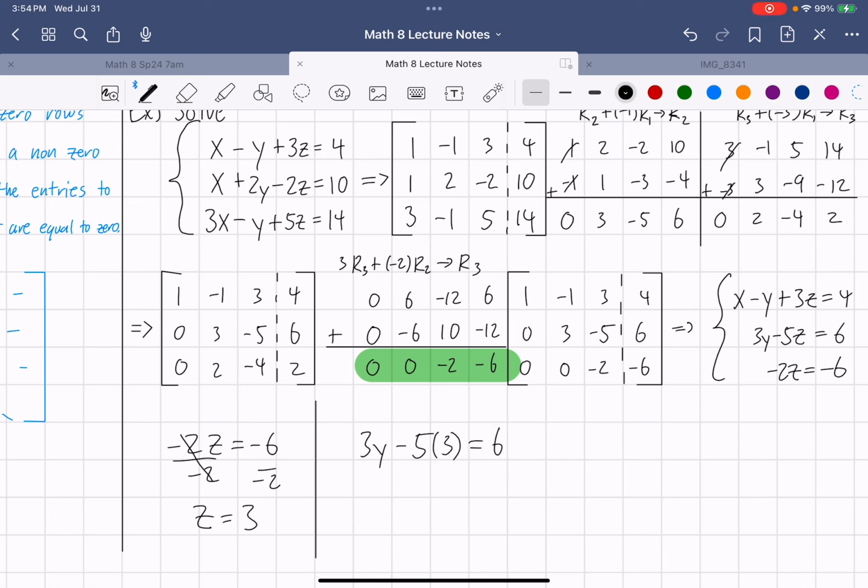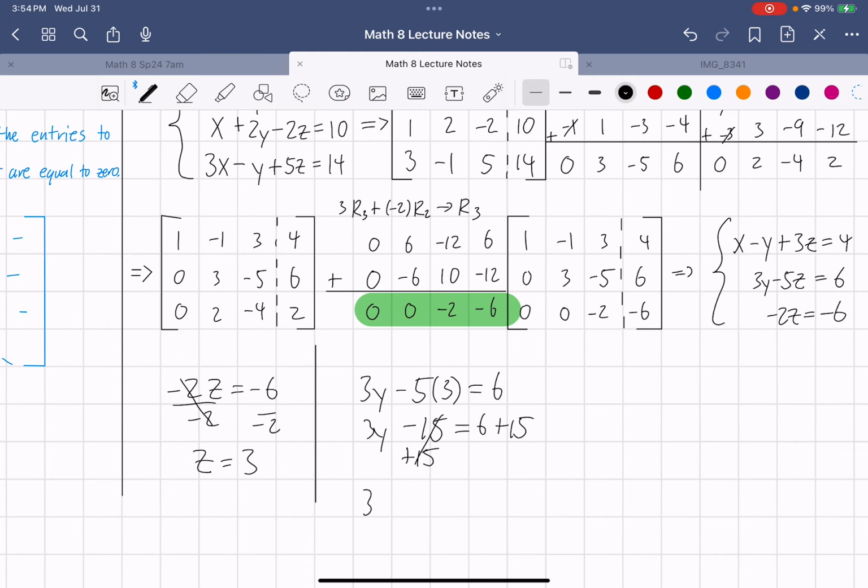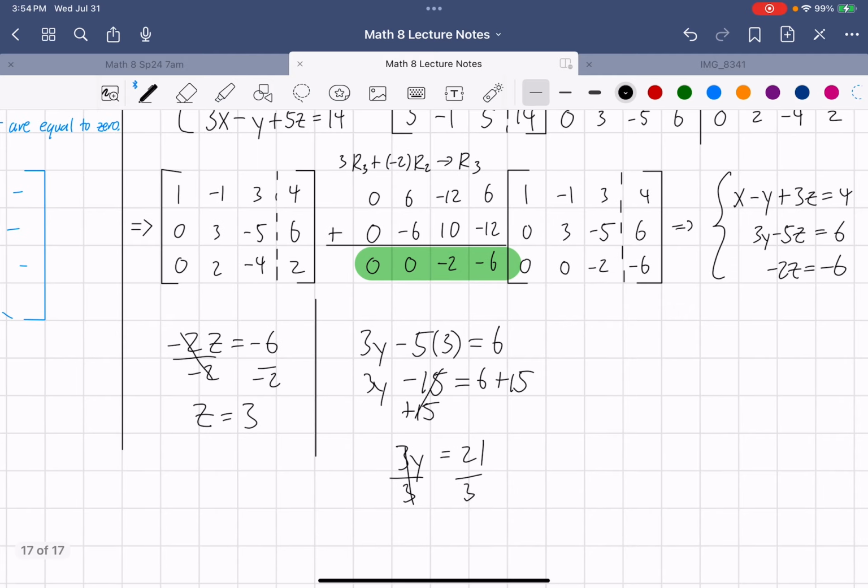That's going to be 3y minus 15 equal to 6. We're going to add 15 to both sides. It's going to leave me with 3y is equal to 21. Dividing both sides by 3. Y is equal to 7.